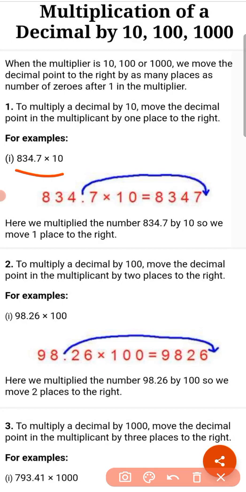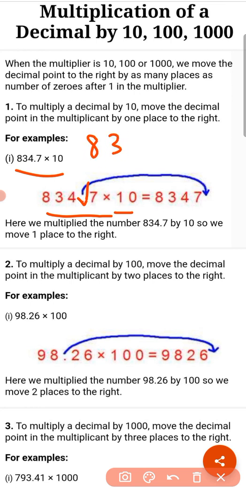To multiply a decimal by 10, move the decimal point in the multiplicand by one place to the right. Here in 834.7, the position of the decimal is here. You are multiplying by 10, so move one place to the right side.